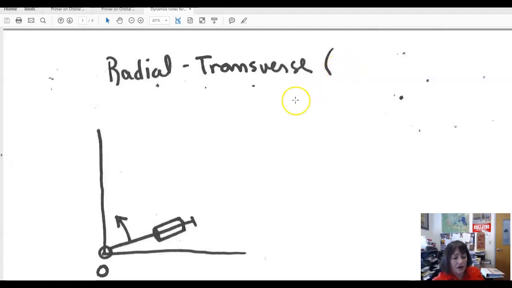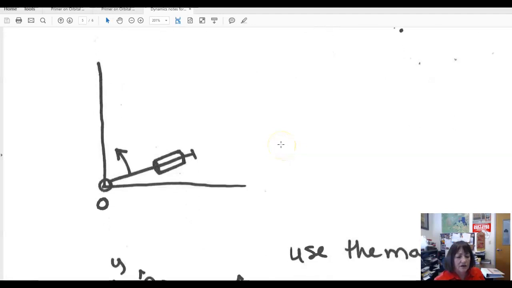Okay, now radial transverse components are more effective for describing oscillations or anything that happens in a periodic kind of way. So the classic example in a lot of dynamics textbooks is some sort of a fixed, or not fixed, but a pivoting arm, like a steel rod, with a collar attached to it, moving through some angle theta.